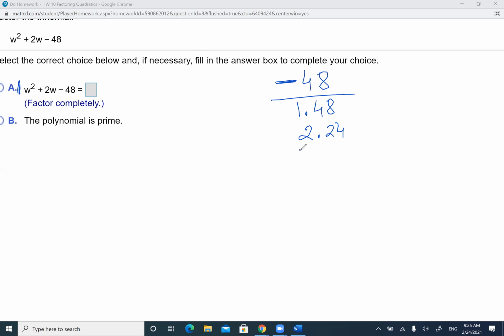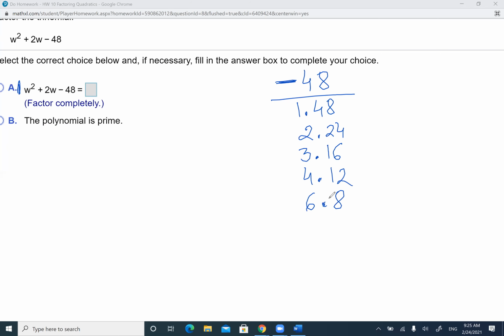You can divide by 4 also. 4 times 12. You can divide by 5. You can divide by 6. 6 times 8, right? Then by 7, you can divide by 7. So the next one is 8. And 8 times 6. So you're already done.